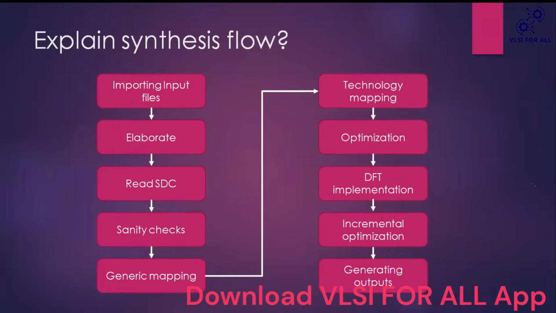First of all, you have to load .lib files, that is, timing libraries or liberty files. You can use any word to represent it. Load all the input files, like I said, .lib files and RTL codes.